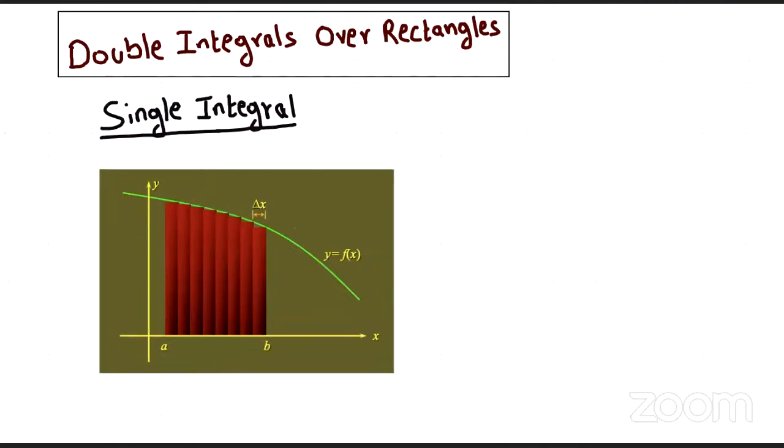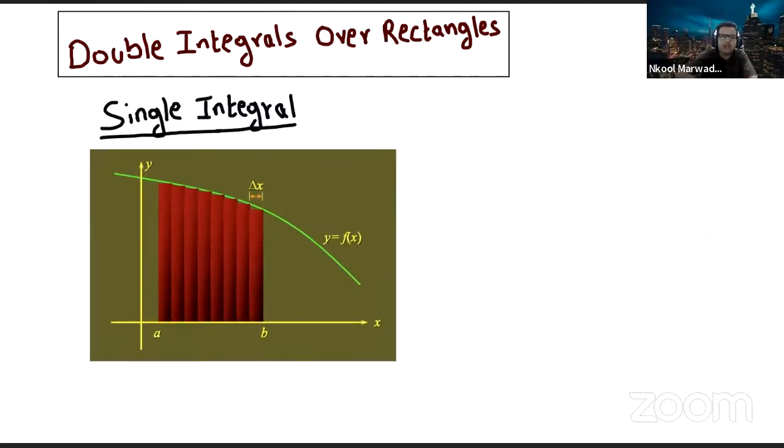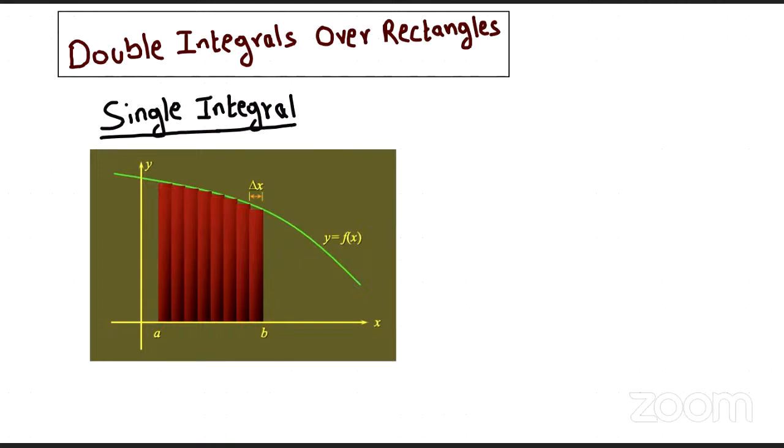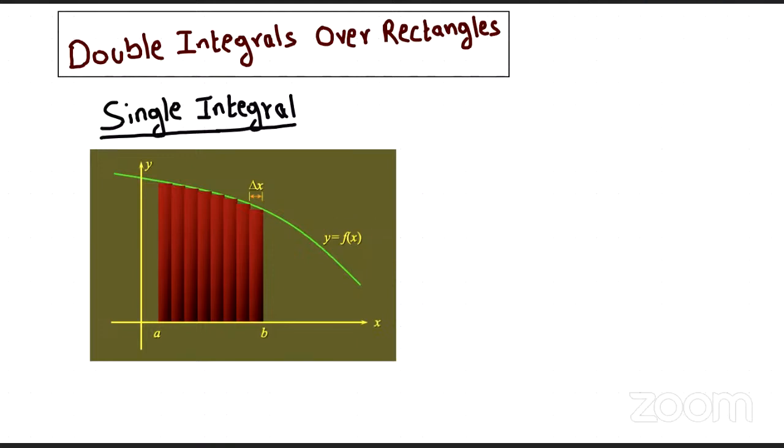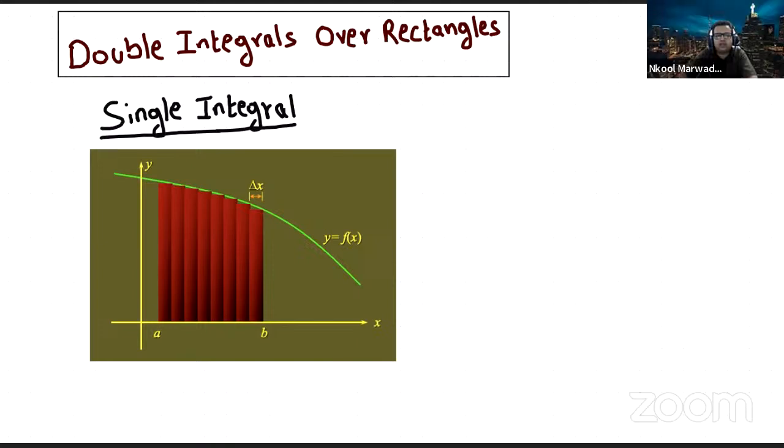Yes, sir. Okay, nice. So see, we are already aware that here we have a function, like I will use a highlighter. So see this y is equal to f(x), it's a function. And this is the graph of the function, the green line. And we have to find the area under the curve.